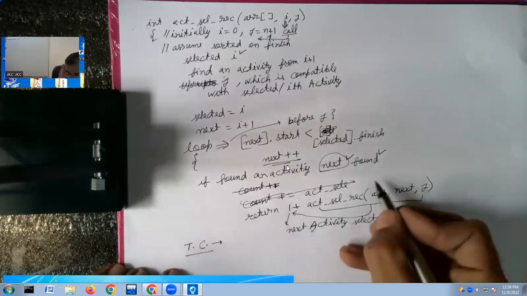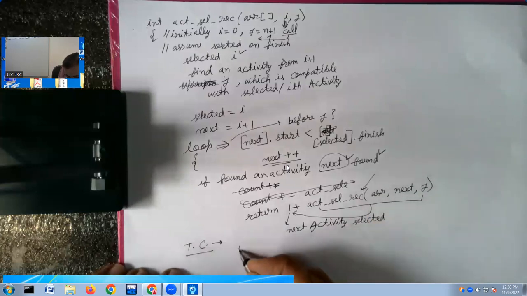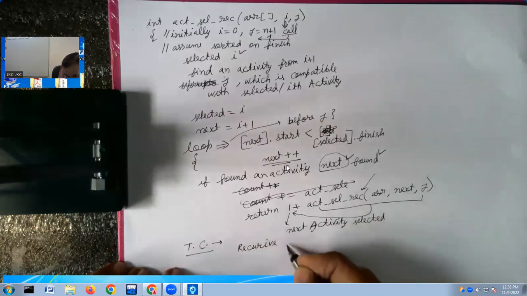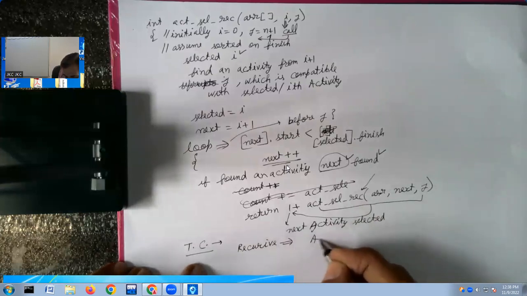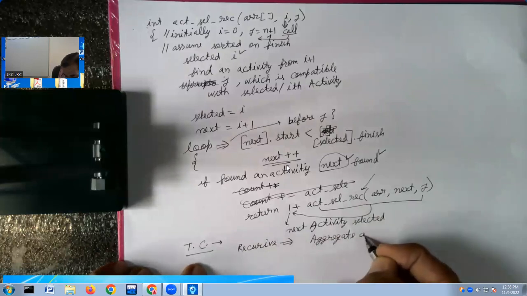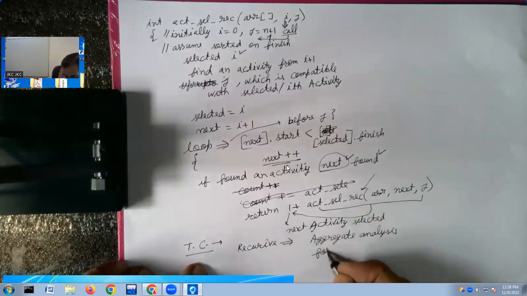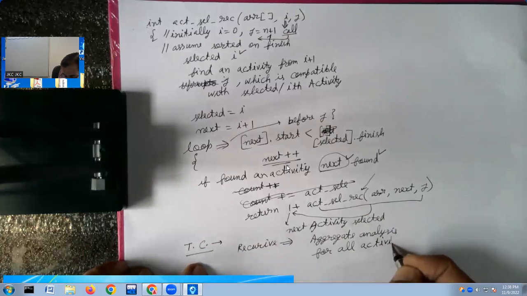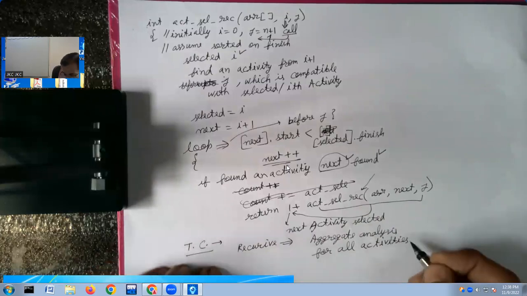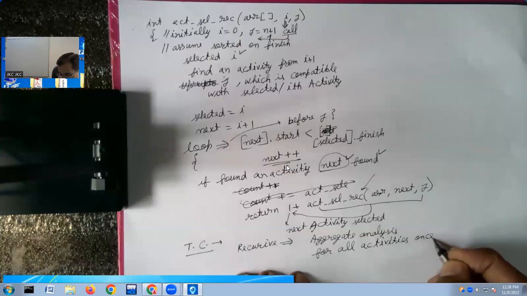So you could find it's a recursive call, recurrence tree or recursion tree can be used, but I say still aggregate analysis will be simple. If you see aggregate analysis, for all jobs or all activities, it will be called once and exactly once.